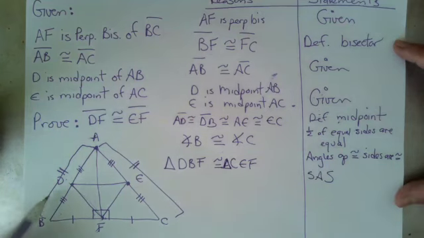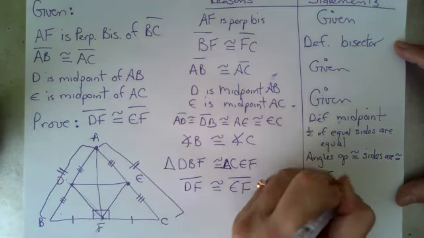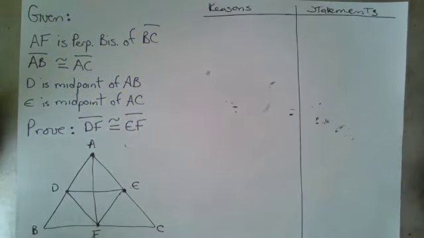And so finally, DF is congruent to EF because of CPCTC.